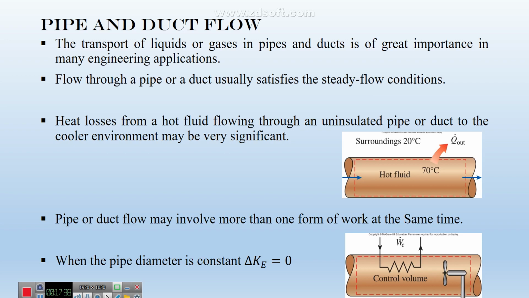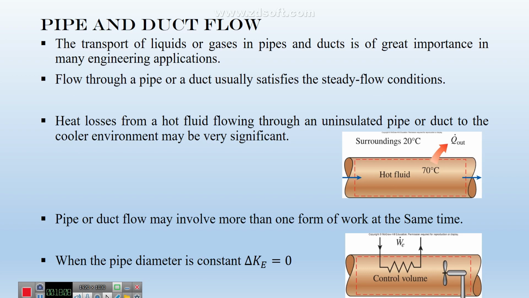For the work, normally we can have different types of work. In a pipe we may have W shaft, we may have electrical work. For the Q dot in or out, I recommend you consider both Q dot in and Q dot out. In most cases, you may have Q dot in or Q dot out. However, you can cancel Q dot out or Q dot in if you have good insulation around the pipe.